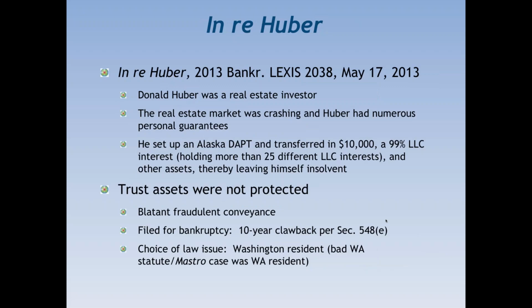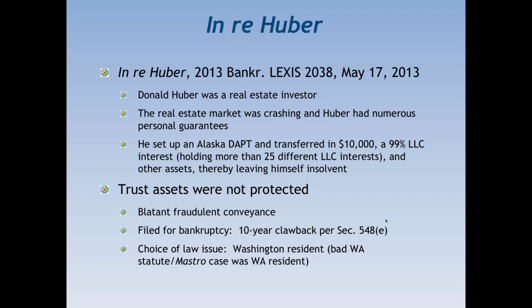In re Huber, this was interesting. Donald Huber was a real estate investor. The real estate market was crashing. He had numerous personal guarantees, and so he set up an Alaska domestic asset protection trust, transferring in some cash and a 99% LLC interest holding more than 25 different LLC interests and other assets, thereby leaving himself insolvent.